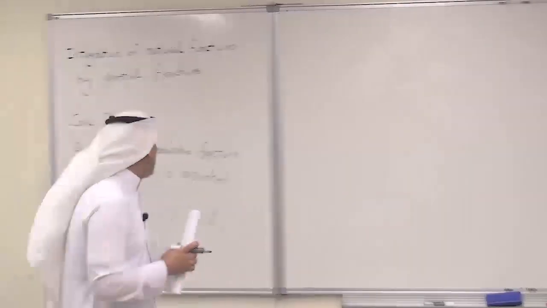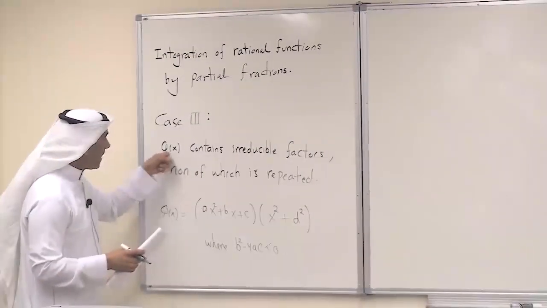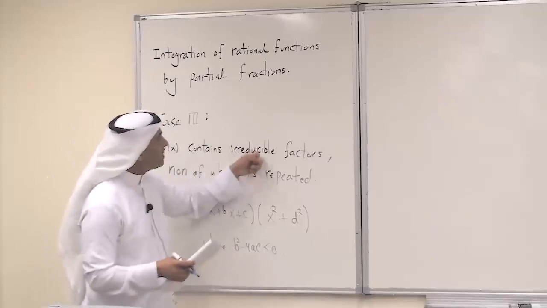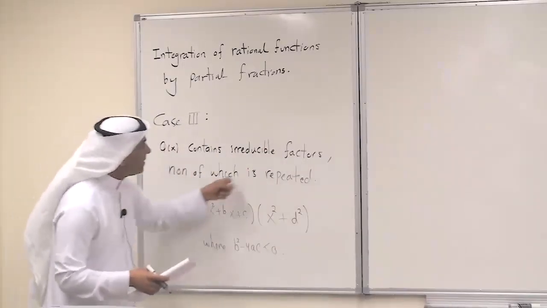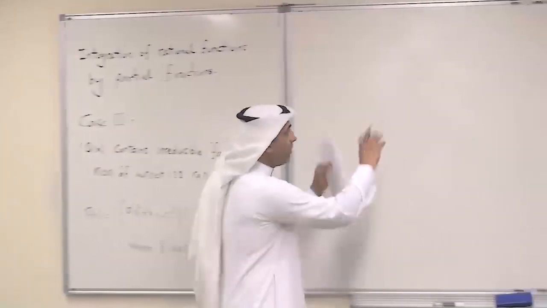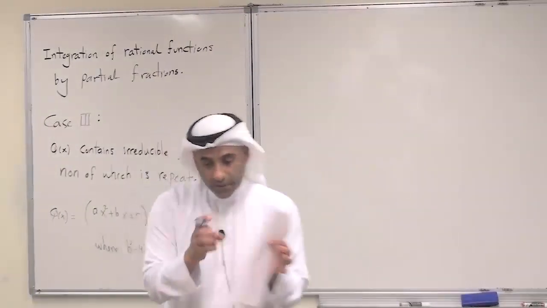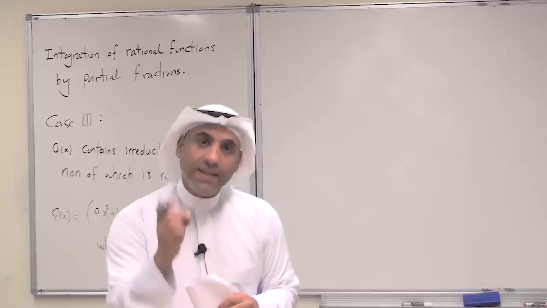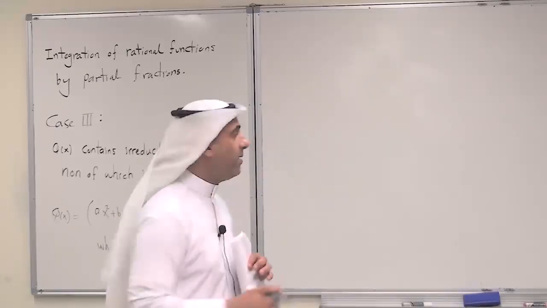What is the third case? The denominator contains irreducible factors, none of which is repeated. What do we mean by irreducible factor? Any polynomial, we said, we can factor over the reals into a product of linear and quadratic factors.